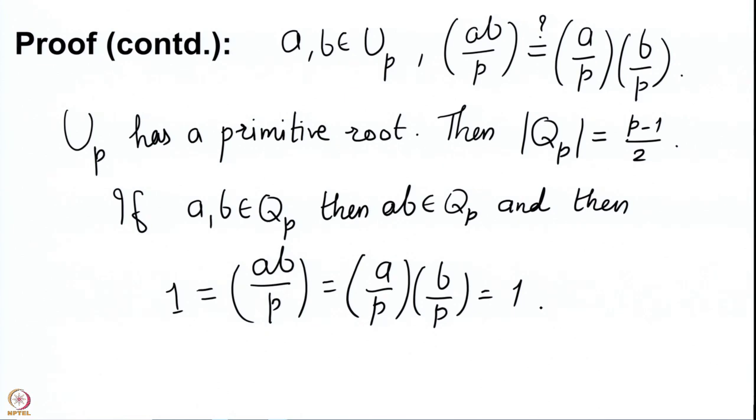Now, we have to deal with the case where one of the two is in Q_p and the other is not in Q_p, and then finally we will have to deal with the case where none of those two is in Q_p. So, those are the only two conditions that we need to verify our proof in.